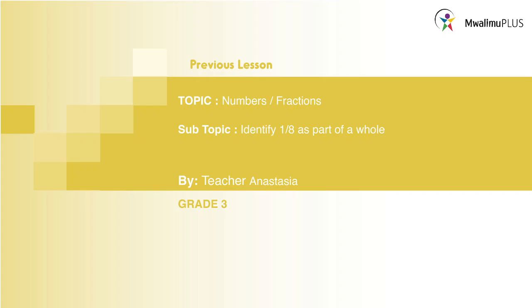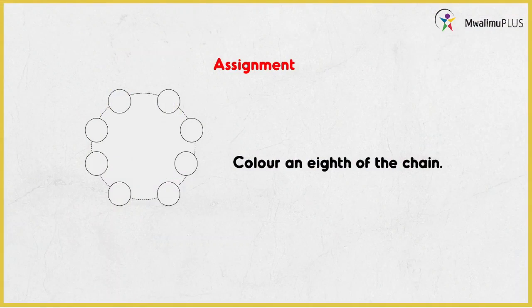Can you remember how we were doing it? Oh good, we said that an eighth as part of a group means that the group must have 8 things, so that when we pick one, then we'll have 1 out of the 8. And it was so easy. I hope you enjoyed that lesson. I gave you some work to help you remember how to get an eighth.